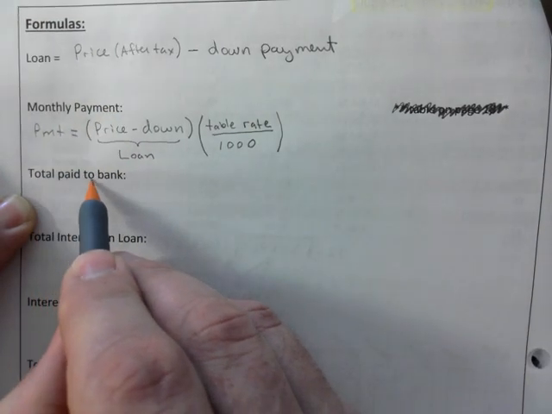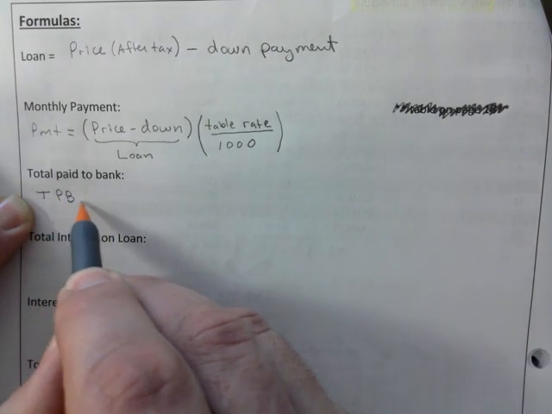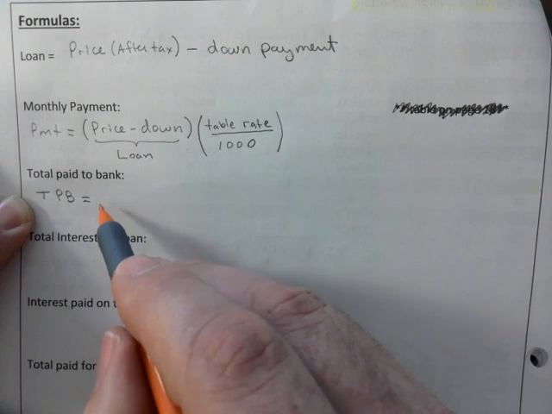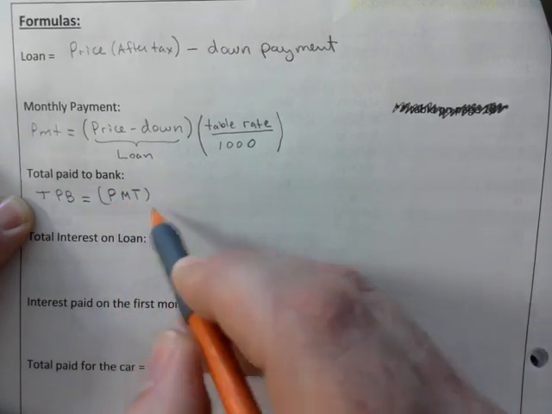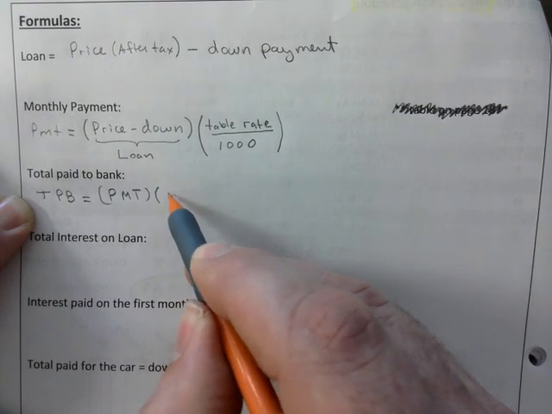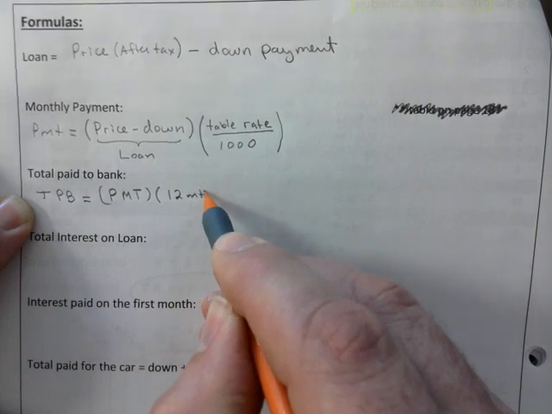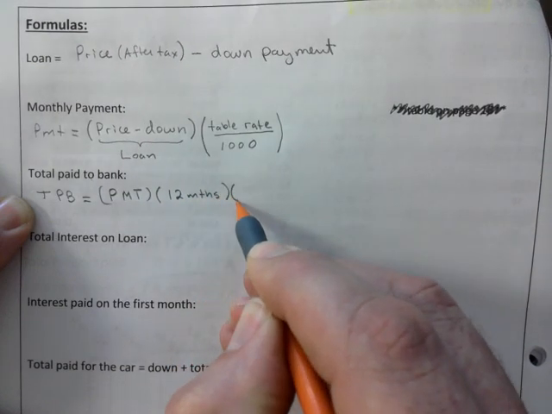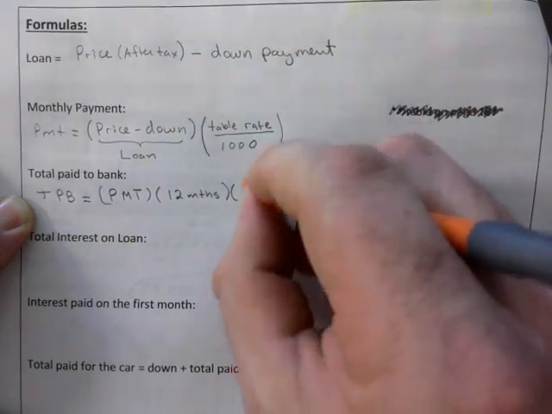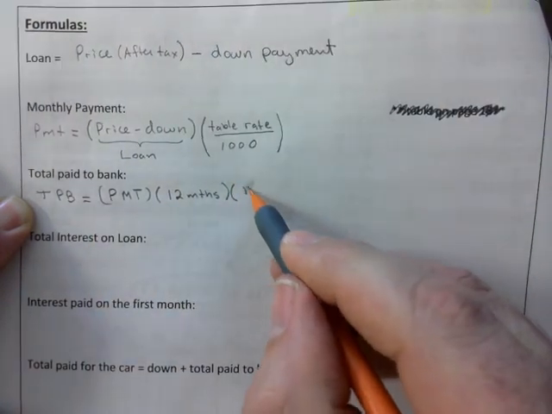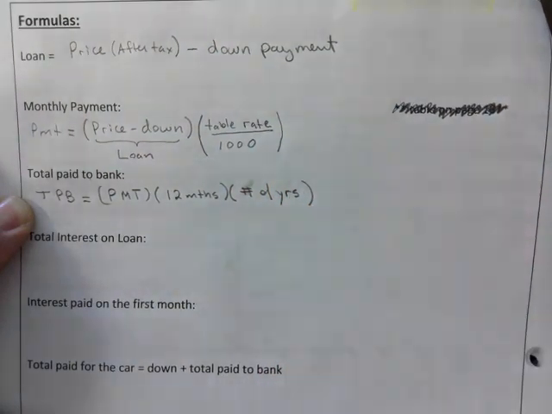Total paid to the bank. I call this total paid to the bank. This is the entire amount you're going to end up having to pay them again. You take your payment, you multiply that by 12 months, and you multiply all of that by the number of years that you will have the loan for.